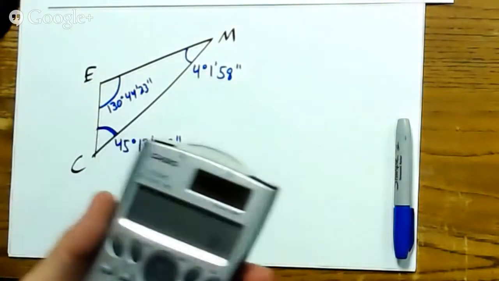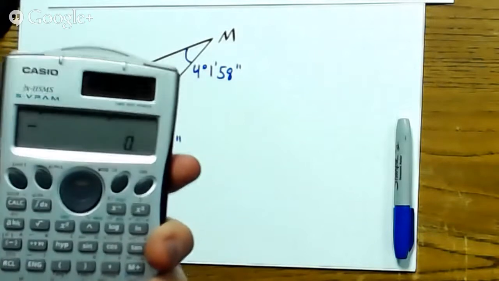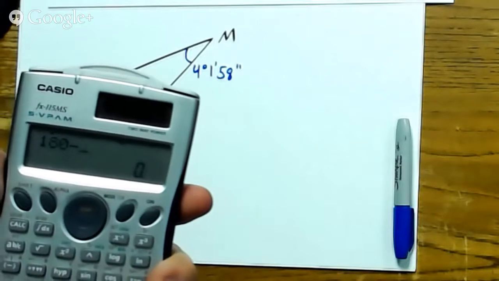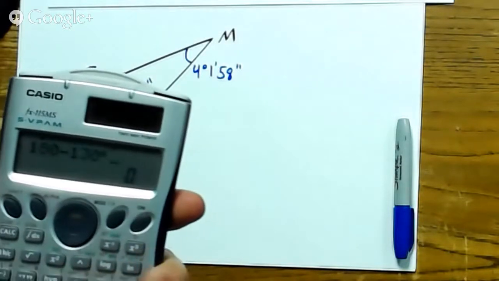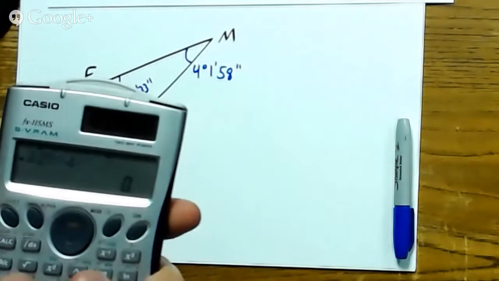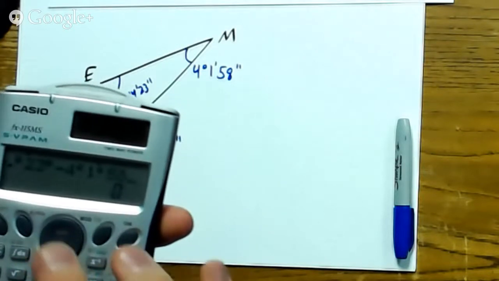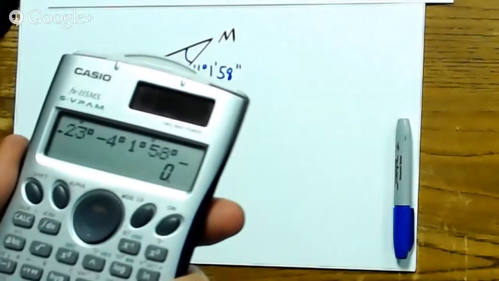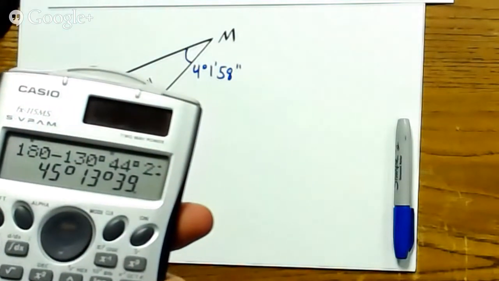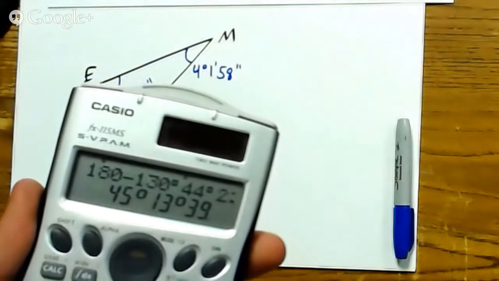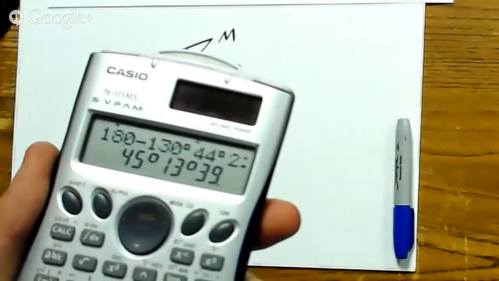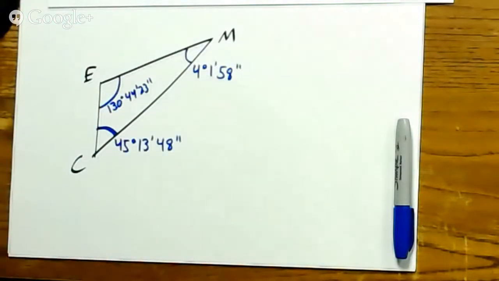So you add 130 degrees, 44 minutes, 23 seconds, plus 4 degrees, 1 minute, 58 seconds, subtract that from 180, and that gives you angle ECM. And you got? Maybe I did some math wrong, but I got 10 more seconds than that. Oh, yeah, that's not a big deal.